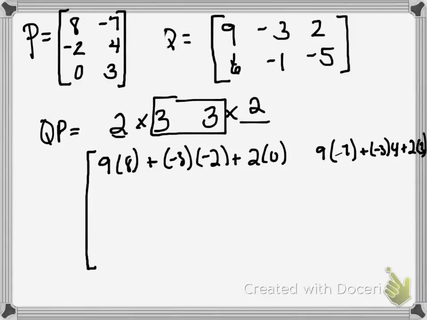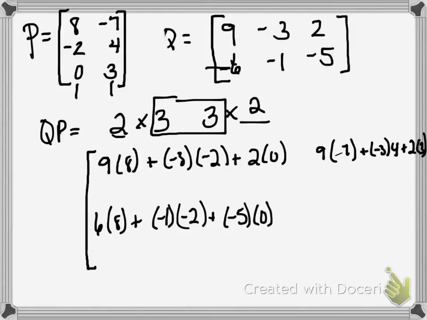Okay, next row. I'm going to have the second row times the first column, then the second row times the second column. So I have 6 times 8 plus negative 1 times negative 2 plus negative 5 times 0.